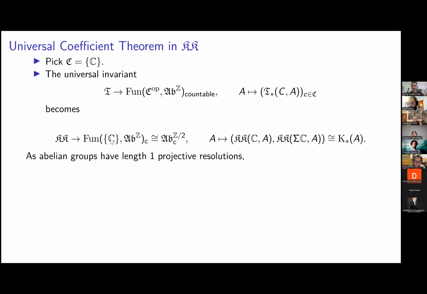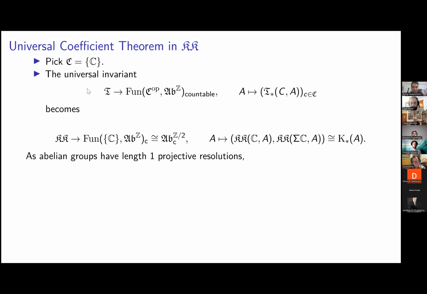So you really get the abelian category of Z/2-graded groups, and then your C-star algebra A is mapped to KK from the complex numbers to A, because you picked the complex numbers, and KK from sigma C to A, which is basically K-theory, K0 and K1 by Green-Julg. So your functor is just the K-theory functor.